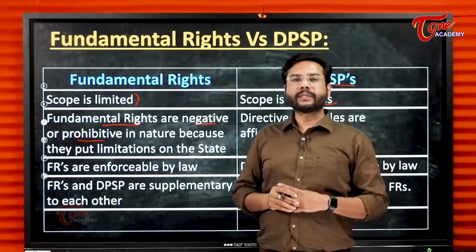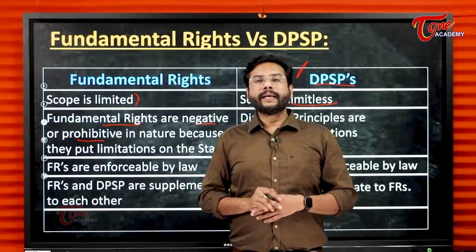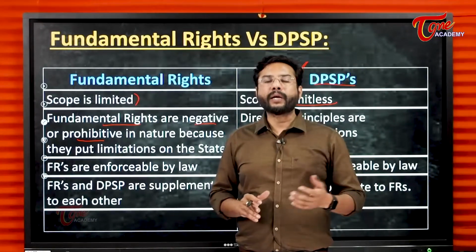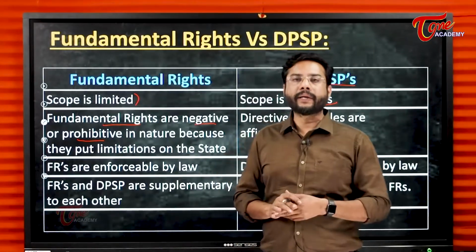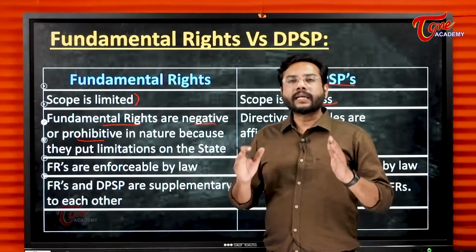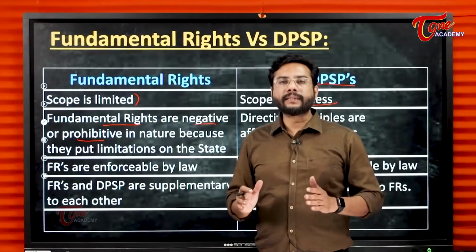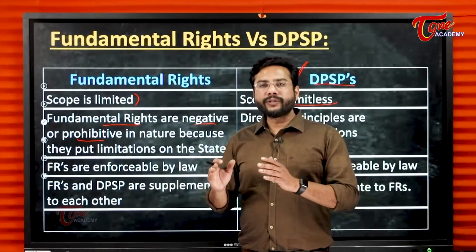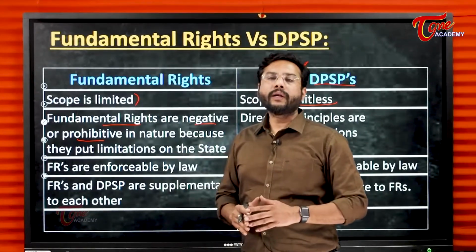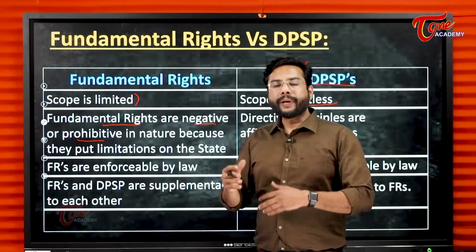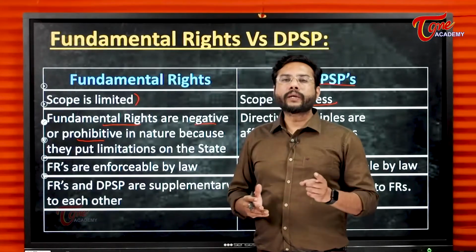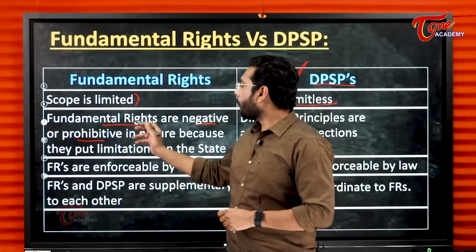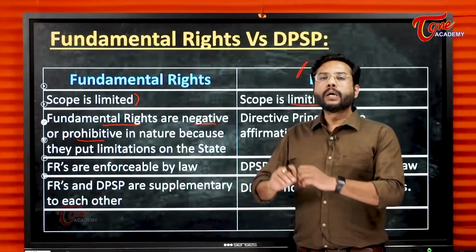If any law of the state or any legislation is against the spirit of the constitution, or takes away or abridges the fundamental rights of any citizen, such a law can be declared invalid. So fundamental rights generally put a restriction on the state from bringing laws which are inconsistent with the constitution. That is the reason why we call fundamental rights prohibitive.